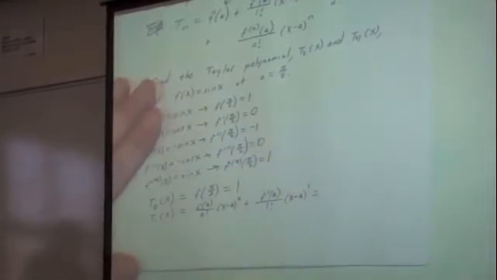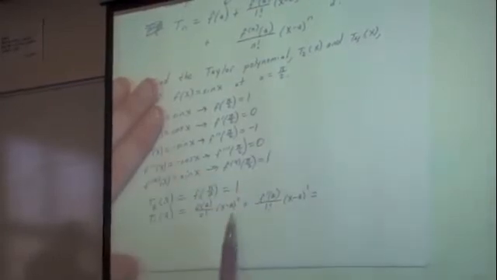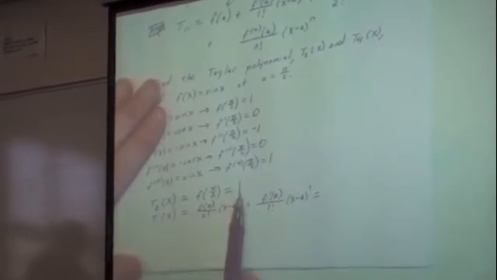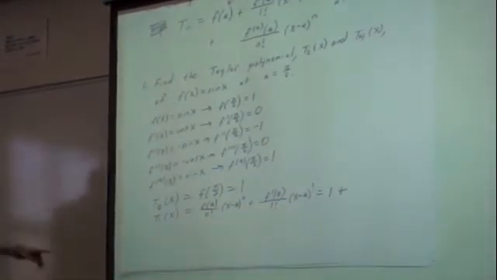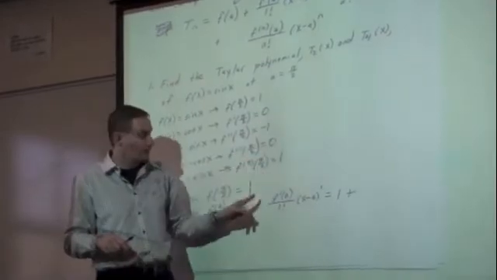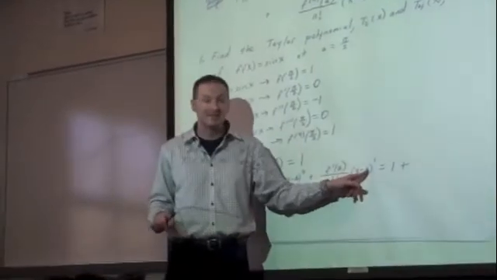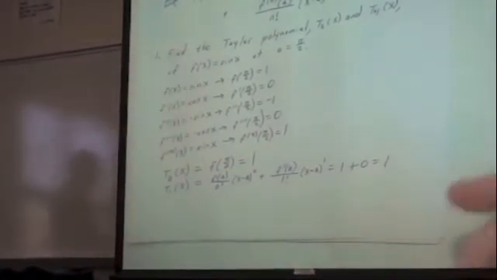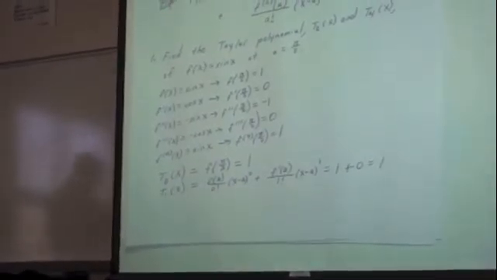The way that works out in this problem, x minus a to the 0, remember, anything to the 0 power is 1. So I'd have f of a, that's f of pi over 2. We already knew that was 1. We get a 1, plus f prime of pi over 2, which is 0. 0 times anything is 0. So the second term doesn't contribute anything. Both the zeroth Taylor polynomial and the first Taylor polynomial are the linear function y equals 1. So that didn't contribute much yet.